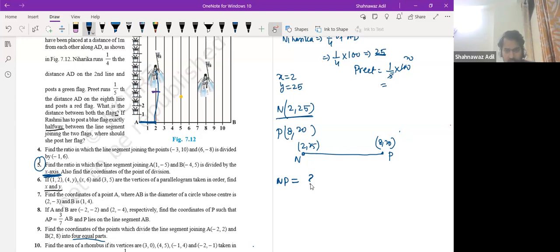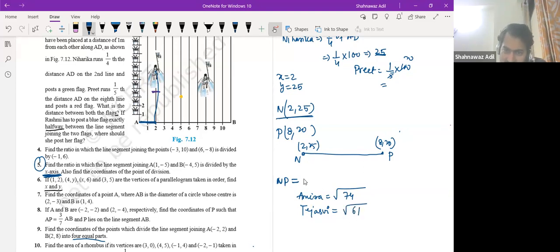Yes, root 74. So Tejasvi, what are you getting? Sir, I got the answer as root 61.